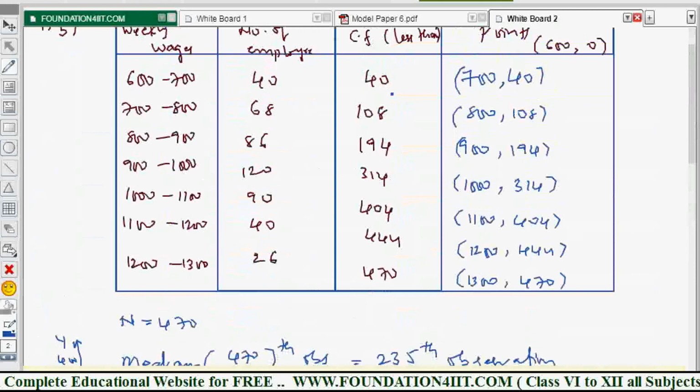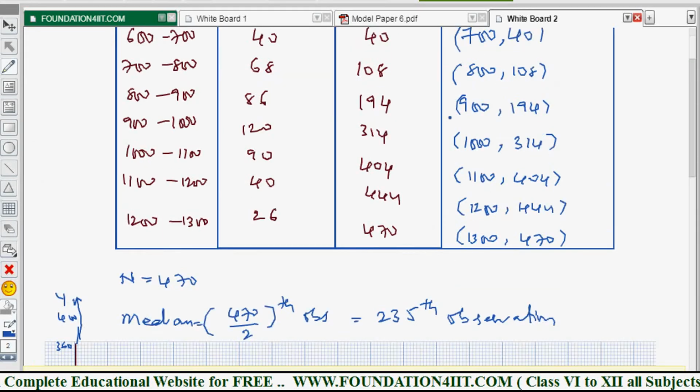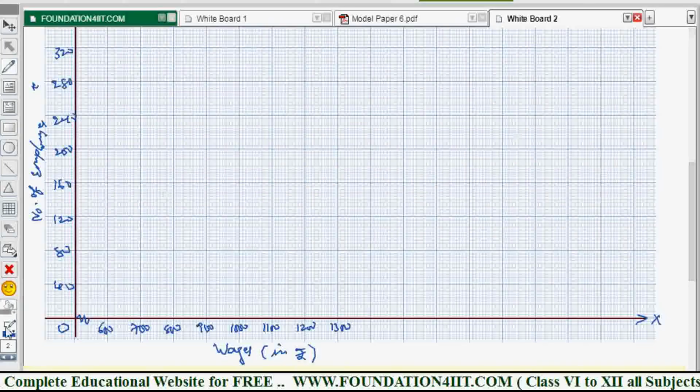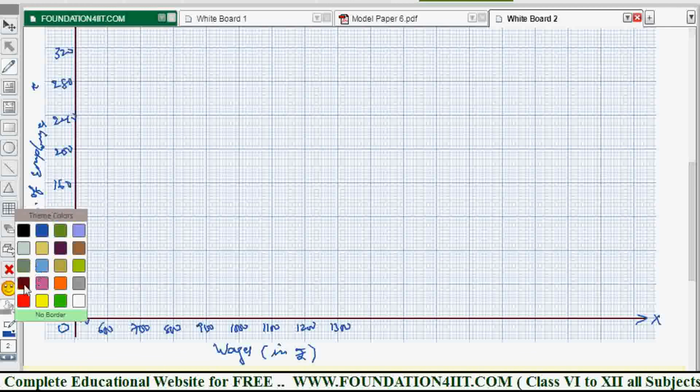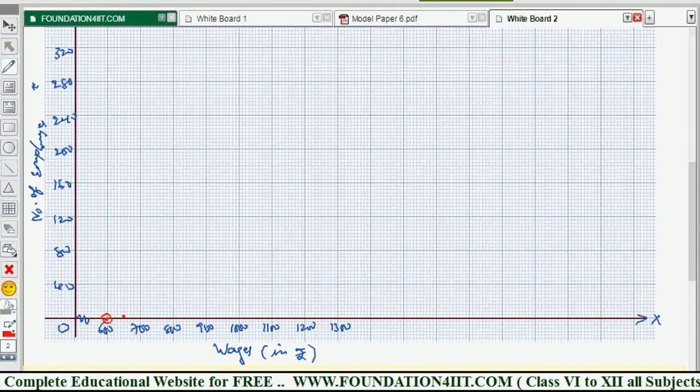So that is for 700 is 40, okay, 800 108, 900 194. Plot and you can draw the curve. If you join those points, for 600 it's 0, and for 700 40.